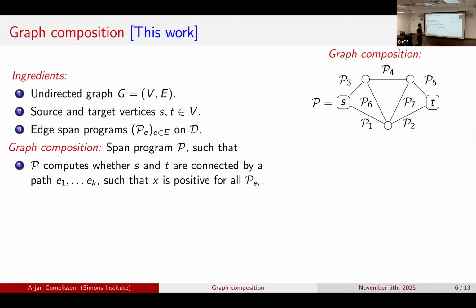If you take any particular input X and look at X on this particular span program P1, that input X will be positive for P1 if in span program P1 you can write this W0 as the sum of something in H of X and something in K. But all of these span programs have their own vector W0, their own space K and their own space H. So what this construction does is take all of these individual span programs and merge them together into a much bigger one. And what I'm saying here is how you can compute the witness sizes of this new span program from the witness sizes of these individual ones.